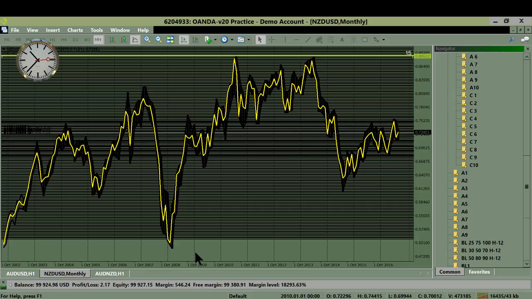Oh, what if this thing comes back to here? Just the floor. That's 10 cents. 1,000 pips in 2 months. You didn't have to ride it up to here, right? To 88 cents. Not that that wouldn't have been a bad idea.